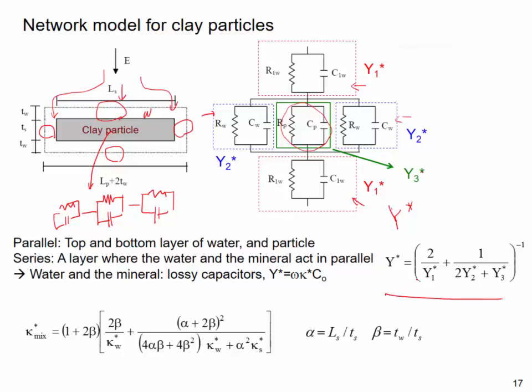And then if you manipulate the equation, you end up with this final equation, which is a function of water permittivity and clay permittivity, the solid itself, and the geometric parameters, alpha and beta. Here alpha is defined as the aspect ratio, the length of the solid particle divided by the thickness, and beta is the water thickness divided by the solid thickness.